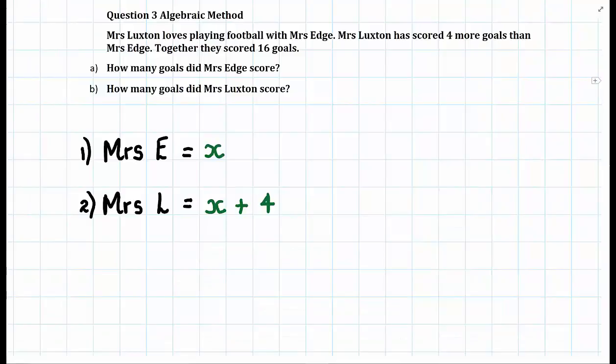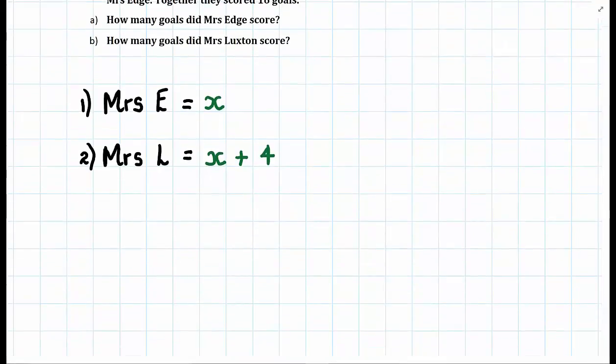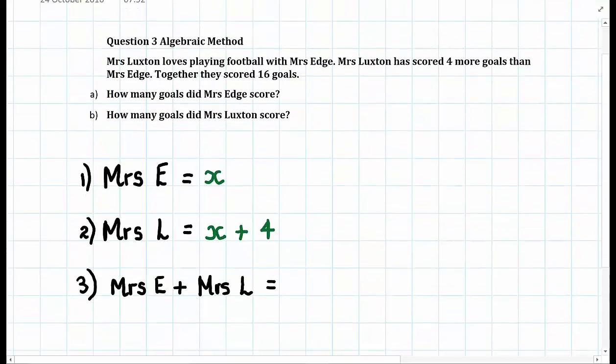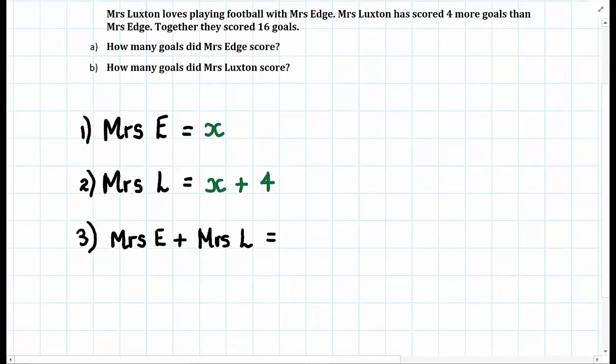So step 3, we now need to create an equation. Well, let's say it in words first. Mrs. Edge plus Mrs. Luxton between them have scored 16 goals.